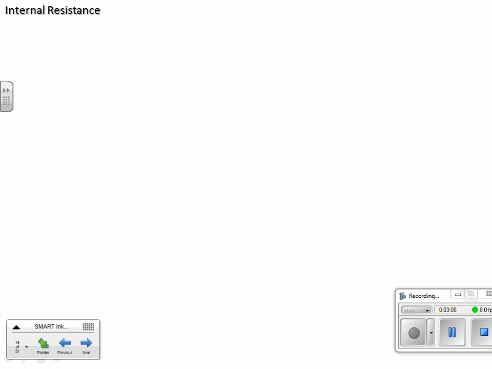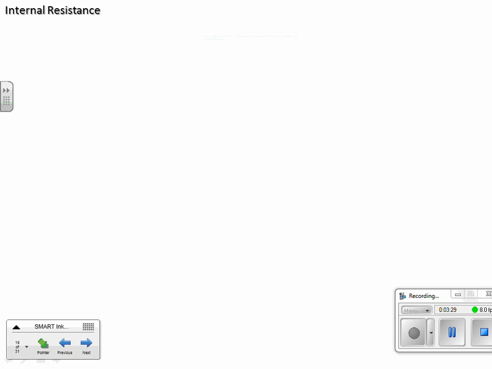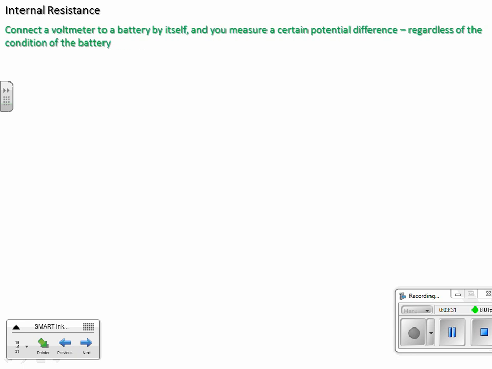But for block 1, folks, what we're saying here is that even power supplies can have, and this is, for all intents and purposes, a battery. A battery, or all power supplies, have what we call internal resistance. It gets at this idea.